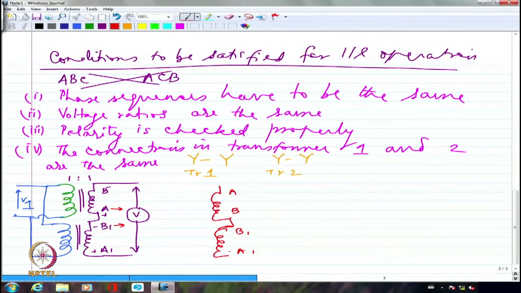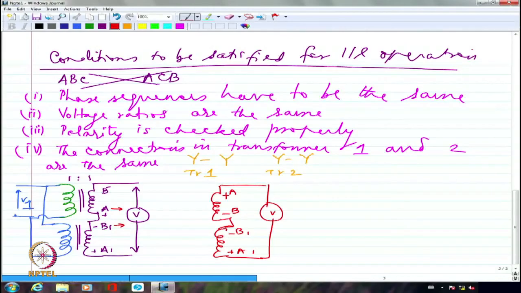So what I would have had is, this is plus, this is minus, but I'm going to have this is plus and this is minus. So they will definitely cancel out each other, and if I put a voltmeter here, it is going to read 0. The RMS value will be 0. Right? So if I get the voltmeter reading to be 0, then I know for sure that I have tied up the correct terminals together for parallel operation.